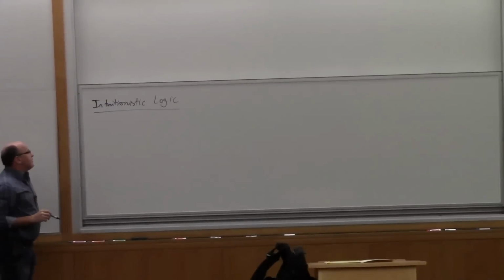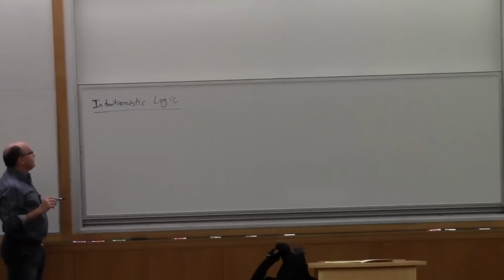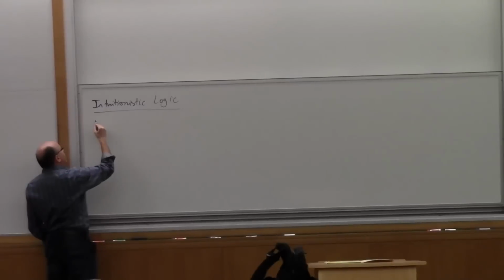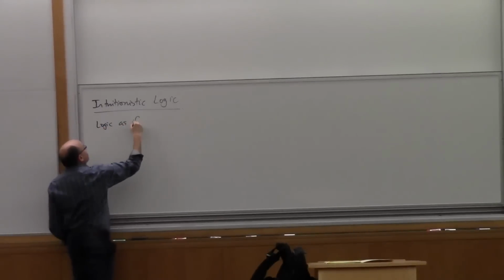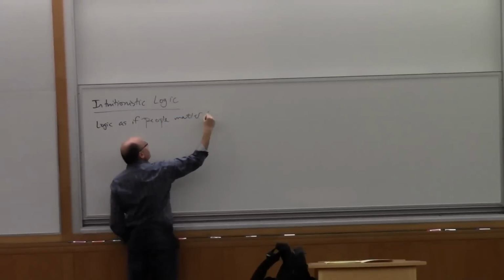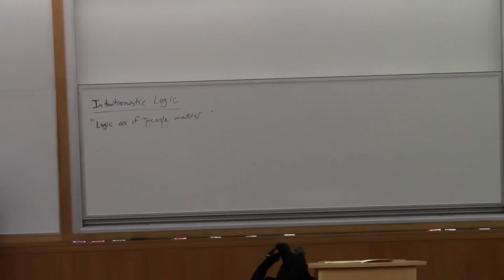So the way I like to describe this is I think of intuitionistic logic. Maybe you have or haven't heard that term before, but the way I like to half jokingly, but only half, think of it is: it's logic as if people mattered. Okay, this is my view about what intuitionistic logic is all about.